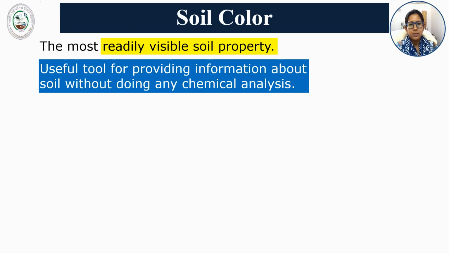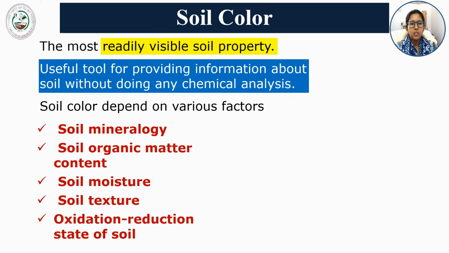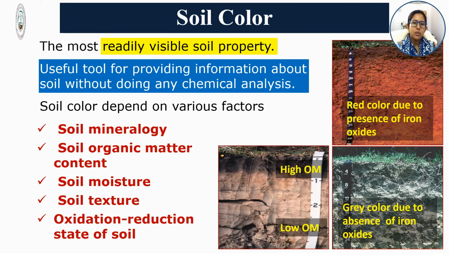And what are the factors on which soil color depends? Mostly soil color depends on soil mineralogy, soil organic matter content, soil moisture, soil texture, and the oxidation reduction state of the soil. In terms of mineralogy, if we have a dominance of iron, the soil will have a more reddish color. High organic matter content soils have a darker shade compared to soils with low organic matter content.